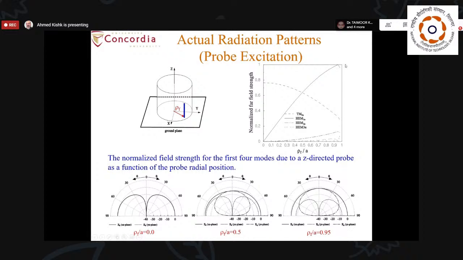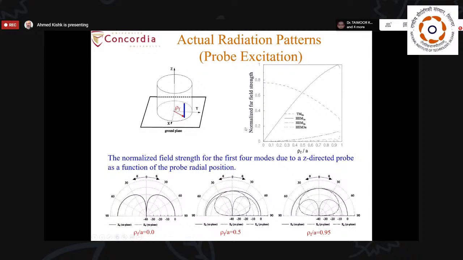So you can see that the contribution of the HEM11 mode is really zero. I am not coupling to it at all, but I am coupling to what is possibly the TM0 mode. So their strength is about maybe 75% at this location.